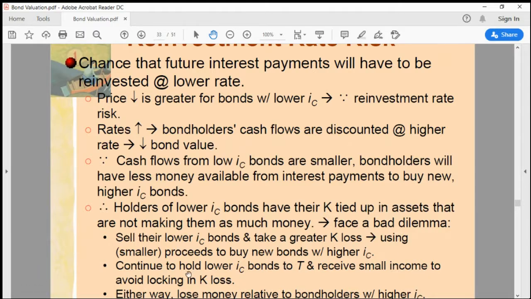So then this dilemma is what? You cannot sell, because if you sell, you will just realize a smaller cash payment, right? With greater capital loss. And then with the smaller proceeds, you have to buy new bonds.